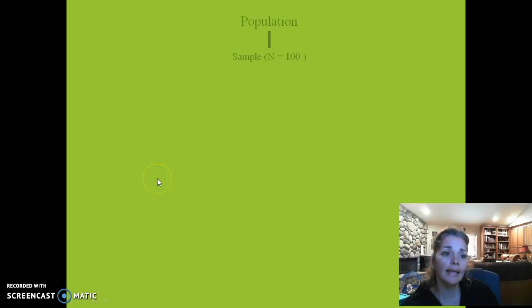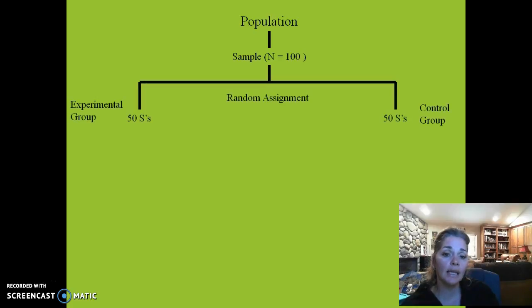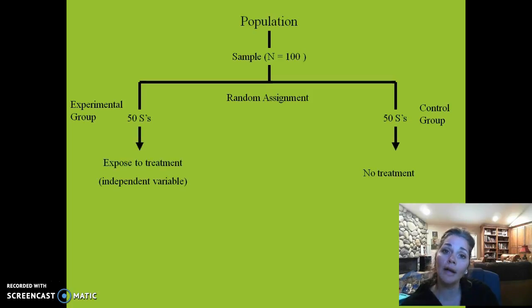So again, you have a population. You randomly select a sample that should be representative. I'm going to select a sample of 100 people. I'm going to randomly assign them to either the control group or the experimental group. 50 people are in each group. I'm going to expose the control group to non-violent television or a placebo. I'm going to expose the experimental group to the independent variable, or the drug, or in this case, violent television.